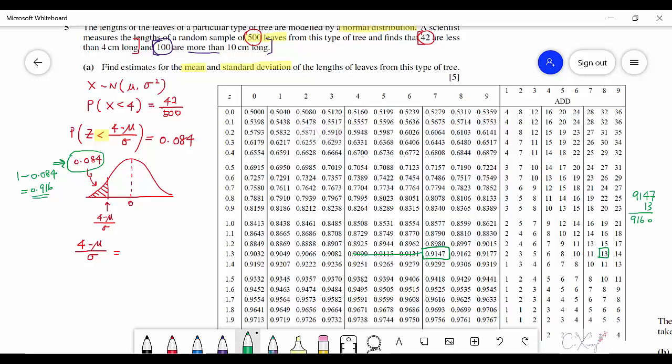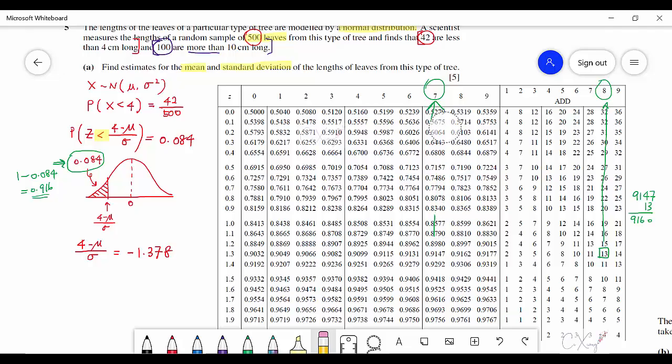Therefore, if you look at the value from the table, it is actually 1.378. Okay, so for this value, it should be equal to 1.378. And because from the diagram that you draw, you are aware that this should be a negative value, right? So you should put a negative sign in front, which is negative 1.378.